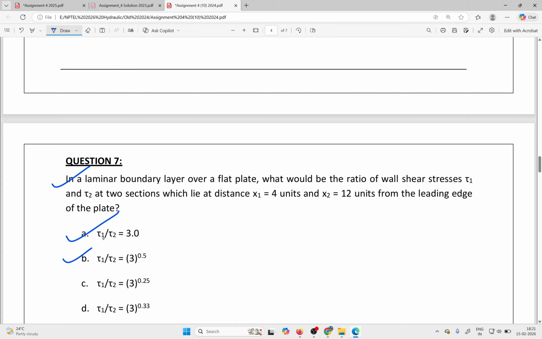You have to tell the ratio. The four options given are: 3, 3 to the power 0.5, 3 to the power 0.25, 3 to the power 0.33.